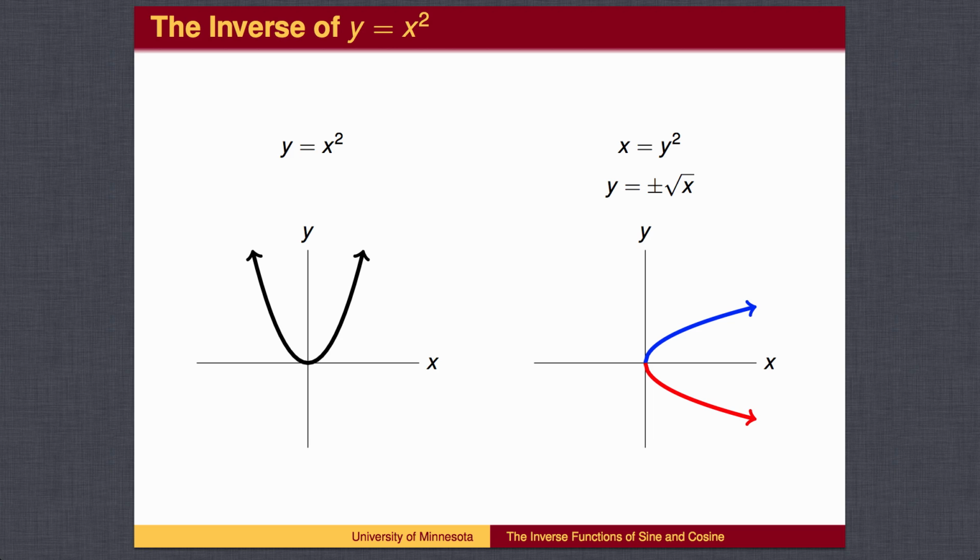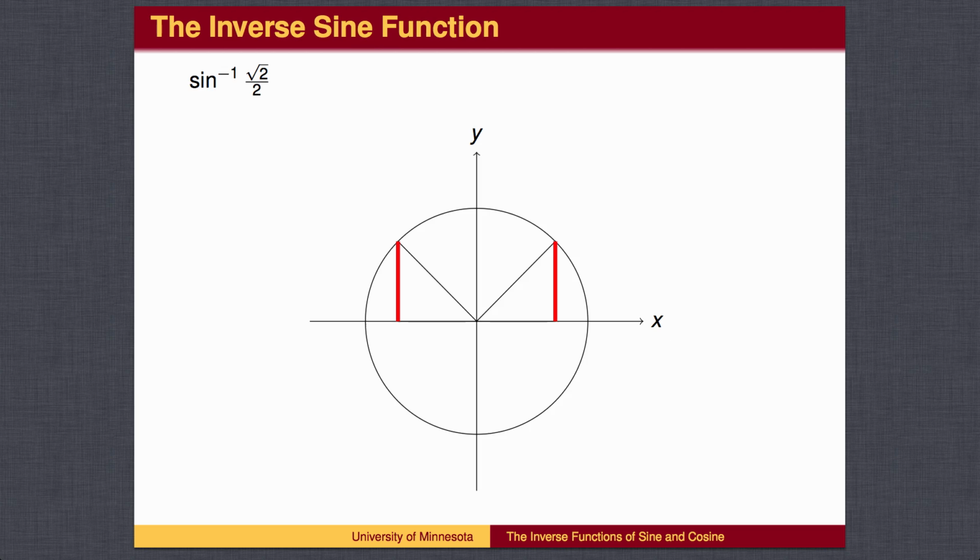In finding an inverse to y equals x squared, we had to make a choice as to whether we wanted the positive number or the negative number to be the square root. We chose the positive number. It was an arbitrary choice, but we understand the square root symbol to mean the positive square root.